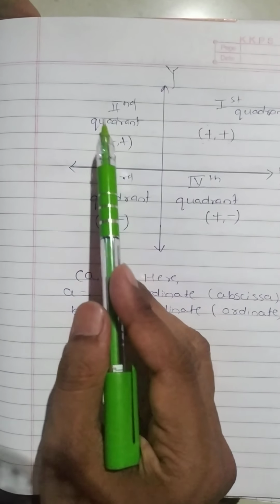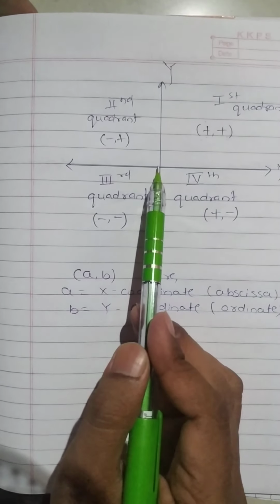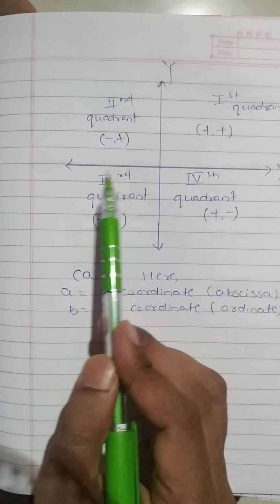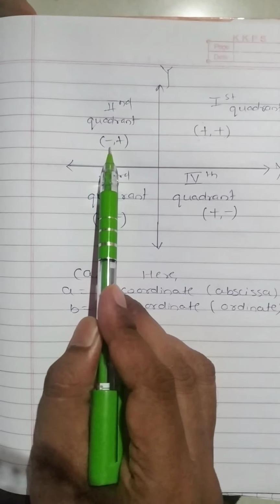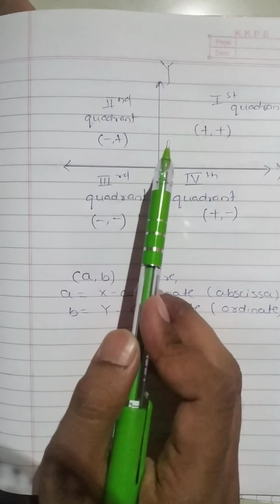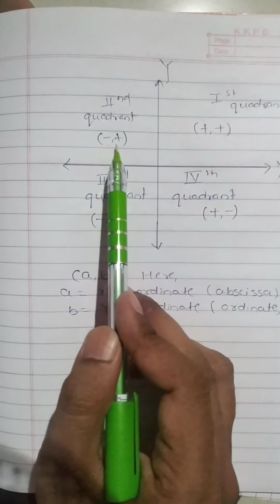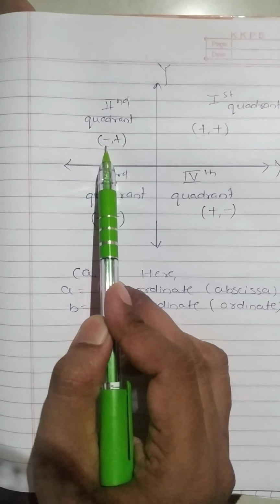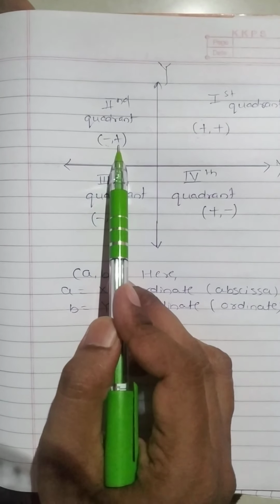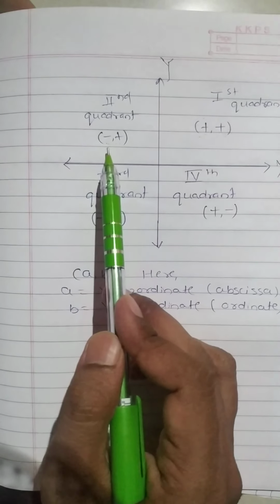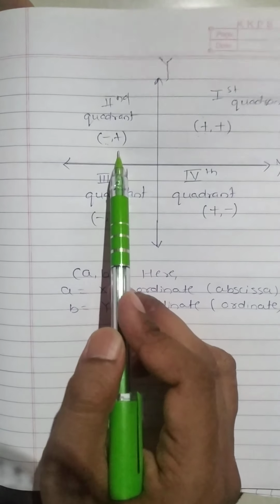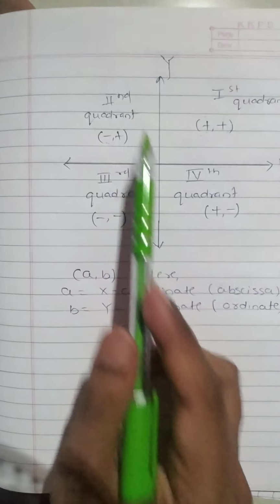In the next quadrant, the second quadrant, the values of x are negative, so its x coordinate is negative, and here we get positive values of y. So the x coordinate is negative and the y coordinate is positive. That's why we get the combination of ordered pair like minus plus. It belongs to the second quadrant.